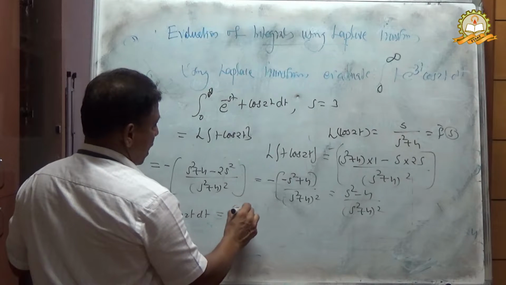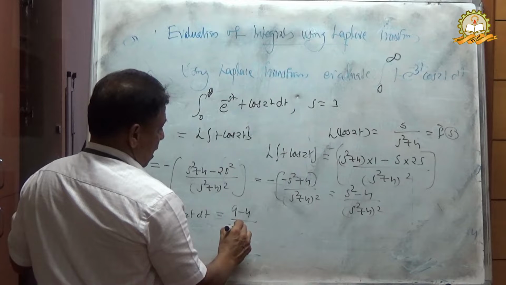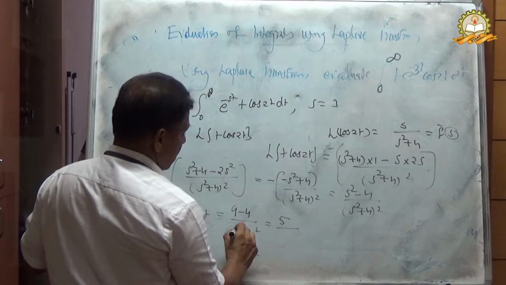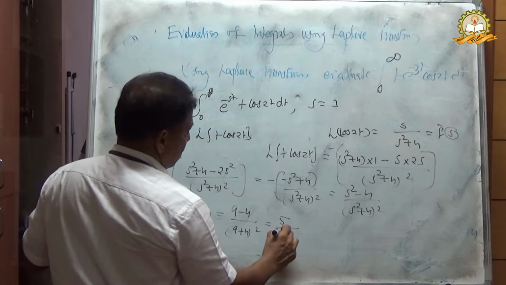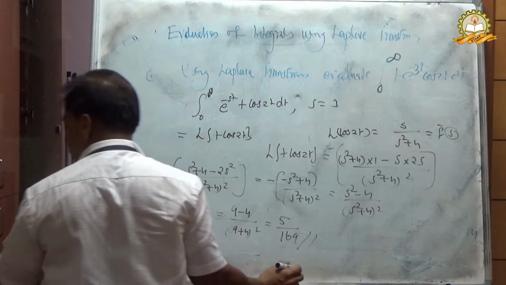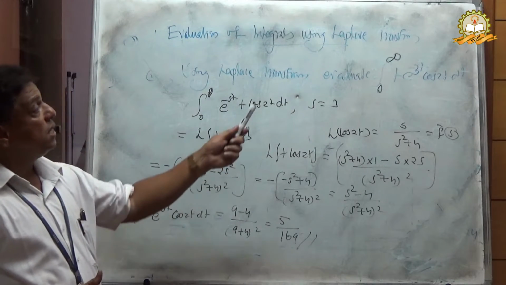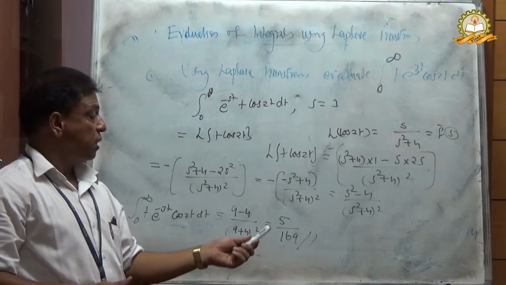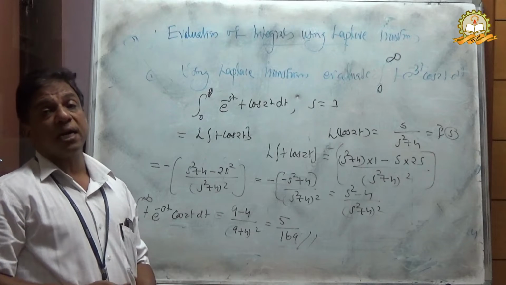Therefore, 9 minus 4 divided by 9 plus 4 the whole square. 9 minus 4 is equal to 5, divided by 9 plus 4, 13, squared is 169. Therefore, the final answer will be 5 by 169. We can easily evaluate the result, and the result is a numerical value, 5 divided by 169.